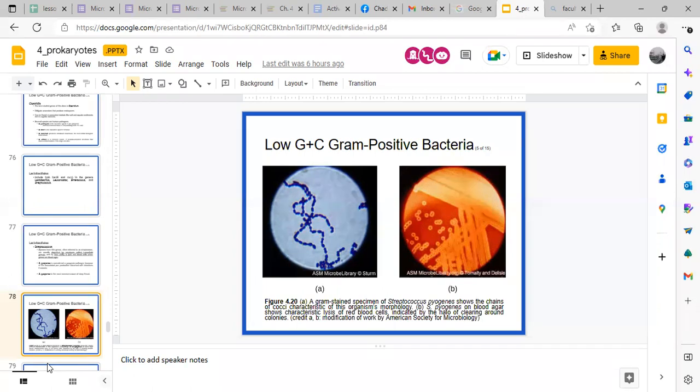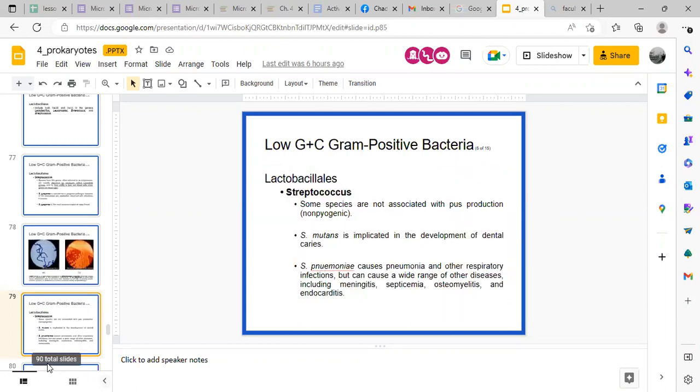If you look under the microscope, the shape is ball-like, and they're in a chain. Under blood agar, it can destroy red blood cells, so you can see a halo, a clearing around the colonies.